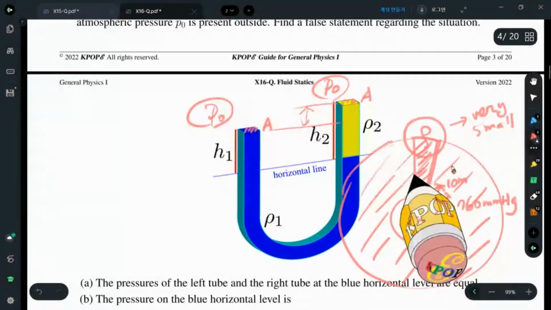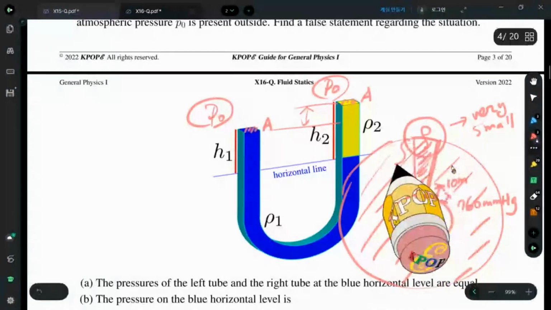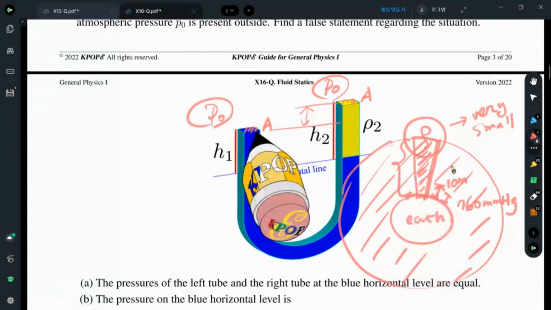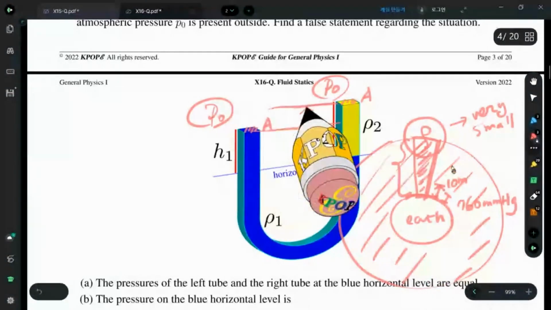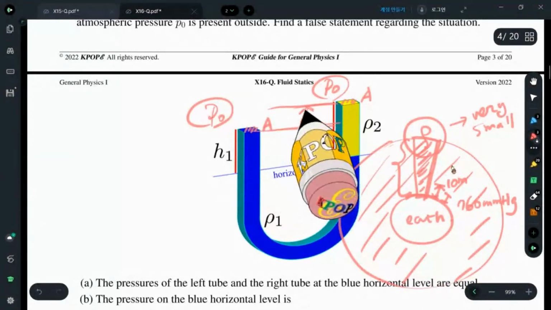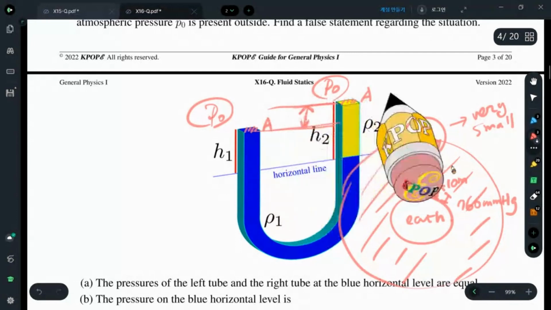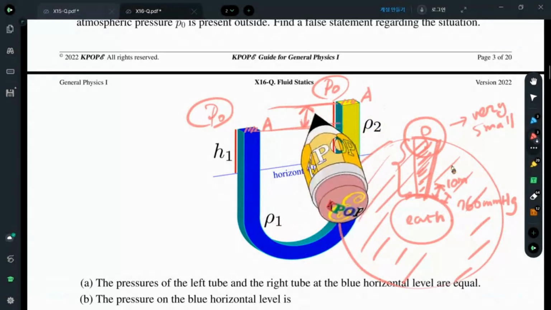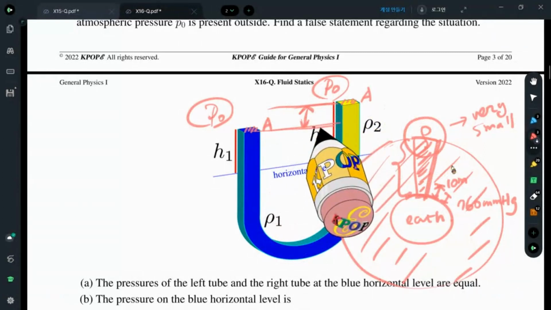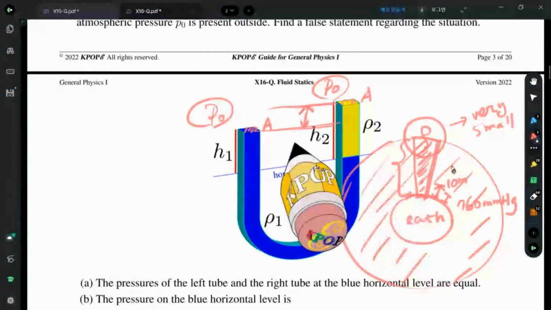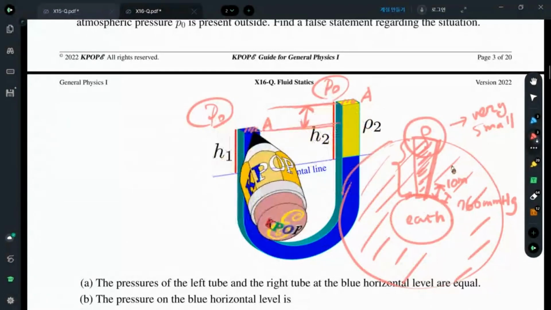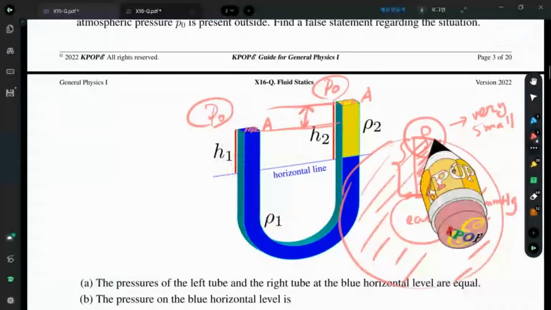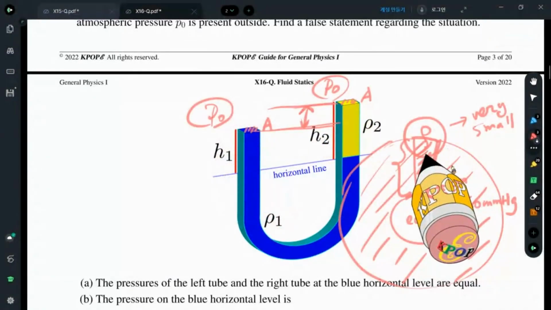They are all equivalent. Because this height is very tall, this slight difference in height doesn't matter at all to create any significant difference between the air pressure of these two places. So we ignore the difference between the two levels of the atmospheric pressure because the density is very small.